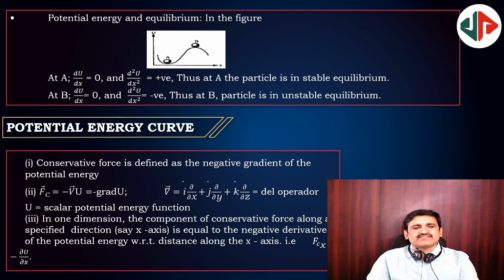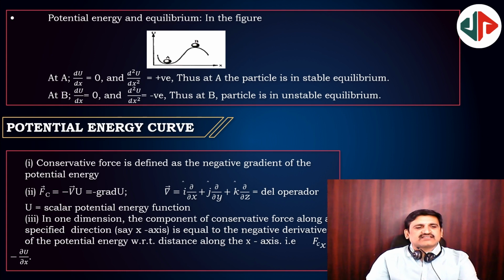This sentence is important. F conservative is equal to minus grad U. Grad means del operator. Del operator is i into dou by dou x, j into dou by dou y, and k into dou by dou z, into that U you have to take.